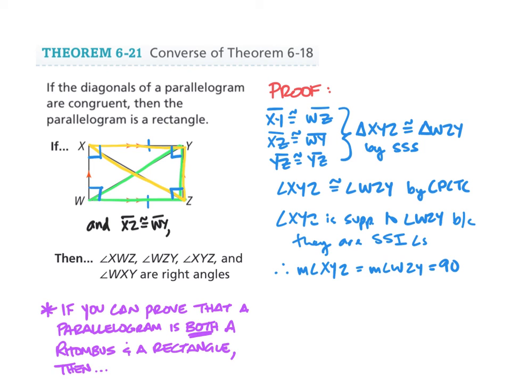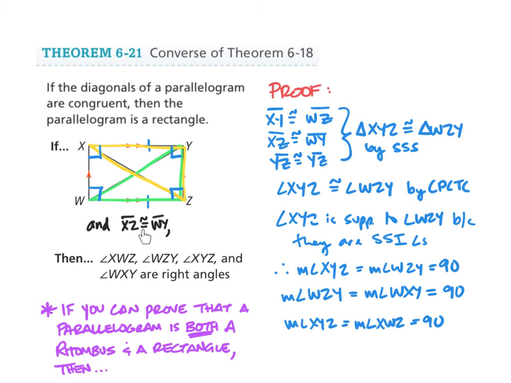So we can now say that the measure of angle WZY must be equal to the measure of angle WXY, so that's a 90-degree angle. And we can say that the measure of angle XYZ must be equal to the measure of angle XWZ, so that has to be a 90-degree angle. And, well, there we go. All these angles are 90 degrees, and so that must be a rectangle.